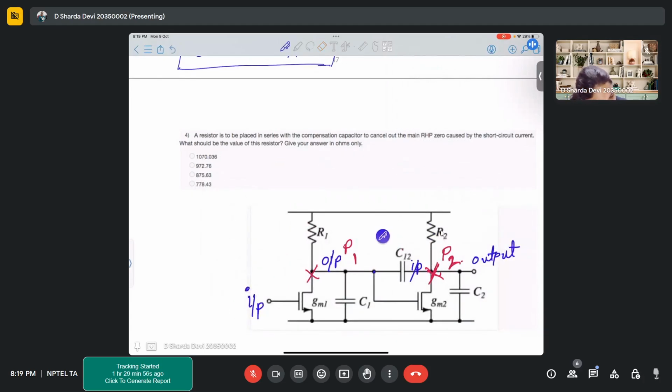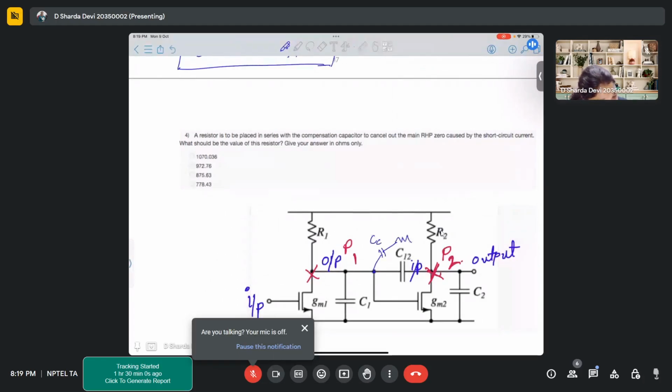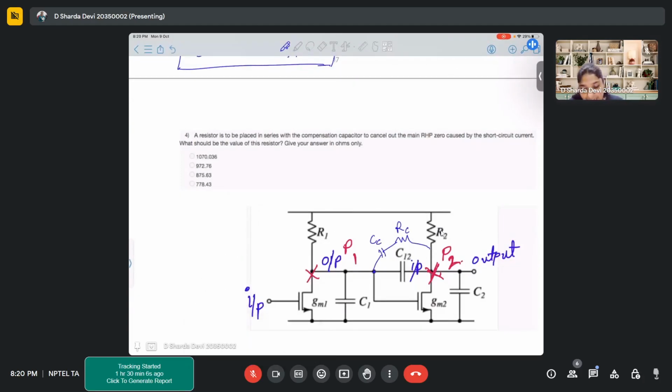In this question, you have to introduce a capacitor CC with a series resistor RC. So here a CC with RC is required. A resistor is to be placed in series with the compensation capacitor to cancel out the zero caused by the short circuit current.